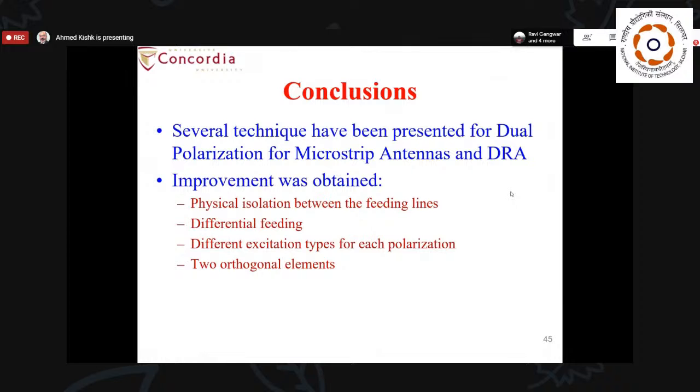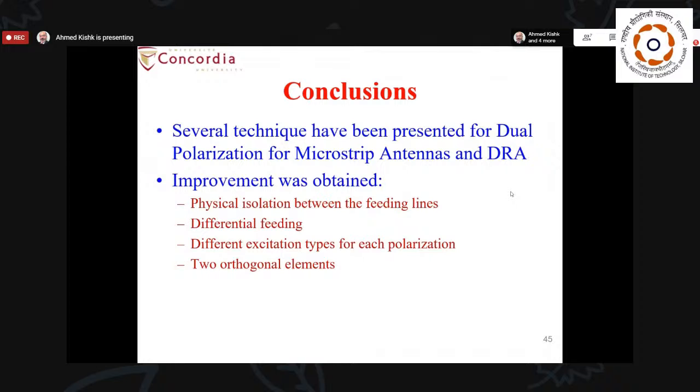The important thing in order to have good isolation is to have physical isolation between the feeding networks, like the case when we put the ground plane between the two excitations, or you should have differential feeding for each polarization, or at least for one polarization, to cancel the cross polarization produced from this polarization that actually causes the interaction with the other excitation.